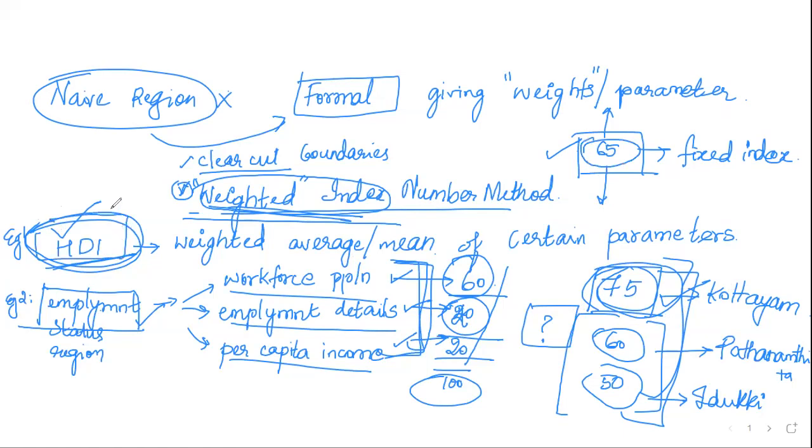So they will be having a fixed value, and they will say that countries like Norway, Sweden, they are all very well developed countries because they are having an HDI value of greater than this much. The ones that are falling between this range and this range are nothing but developing countries.